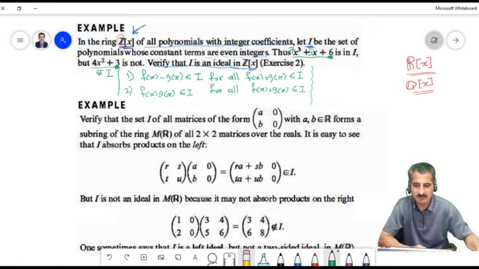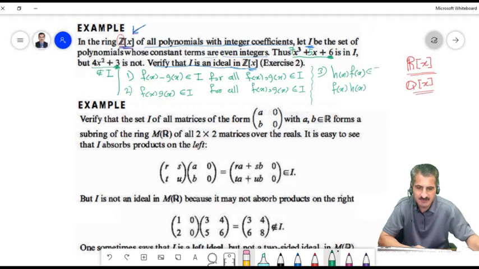And now the third thing to prove, which is the absorption property, which means that if we multiply h of x times f of x, or f of x times h of x, then each one of these must belong to I, where f of x is any element in I, and h of x is any element in the ring Z of x.